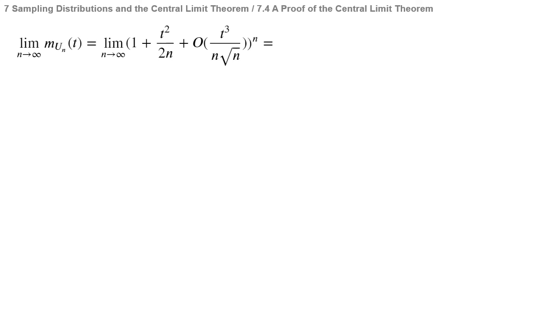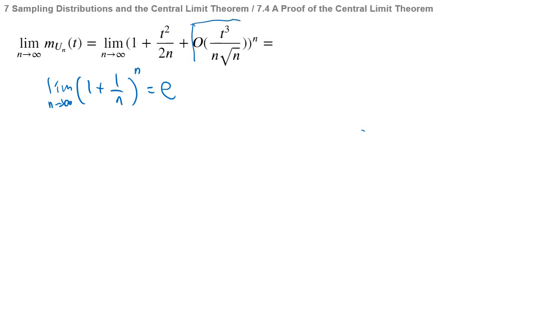One of the easiest ways to find this limit is using this definition: limit as n goes to infinity of (1 plus 1 over n) to the nth converges to e. This is the definition of e, and we can use it.